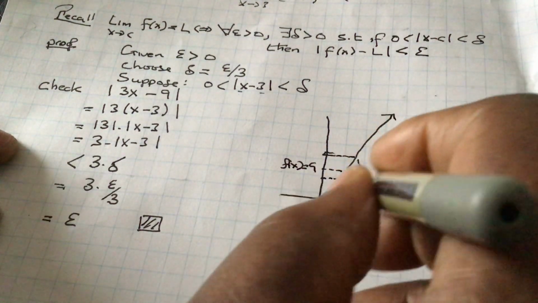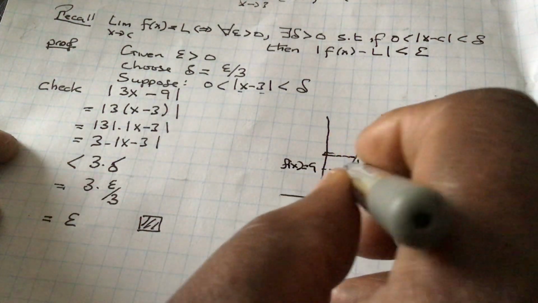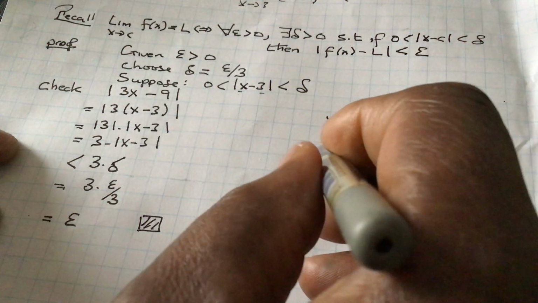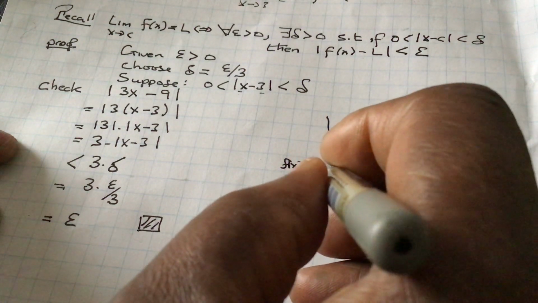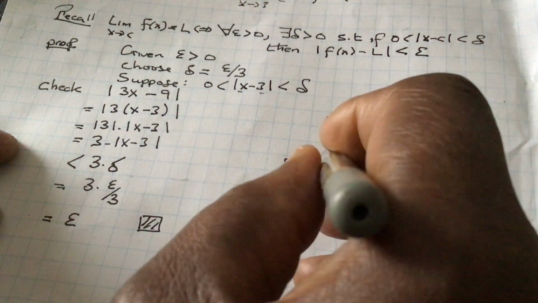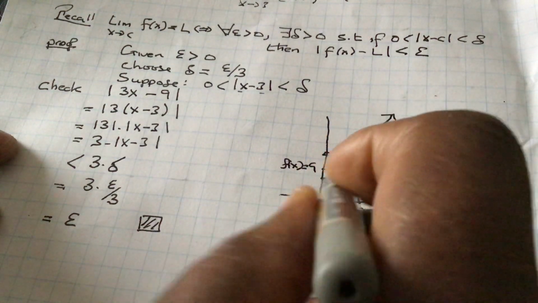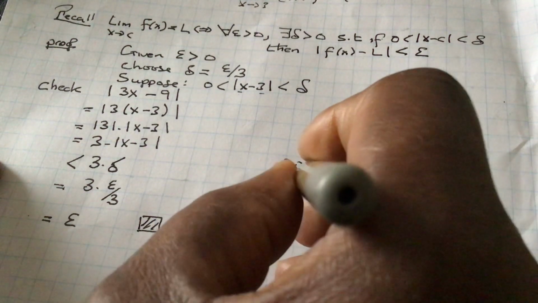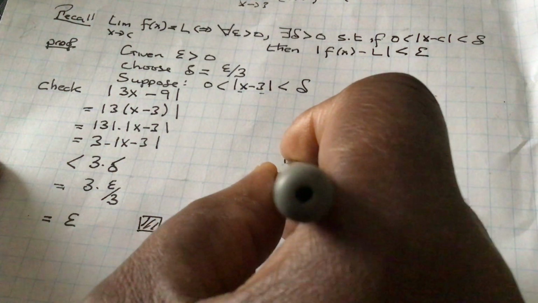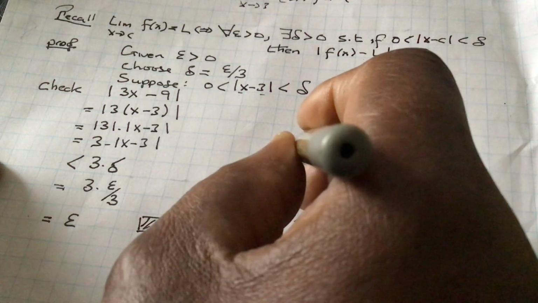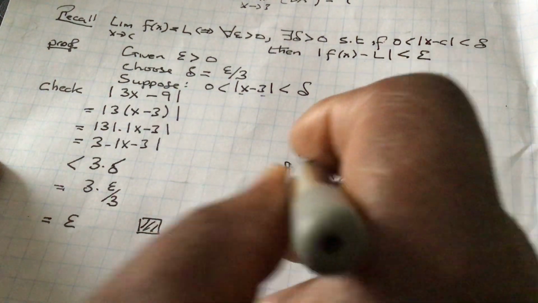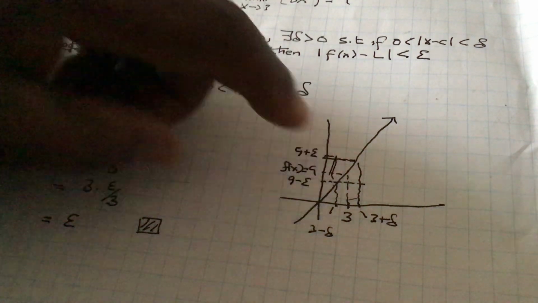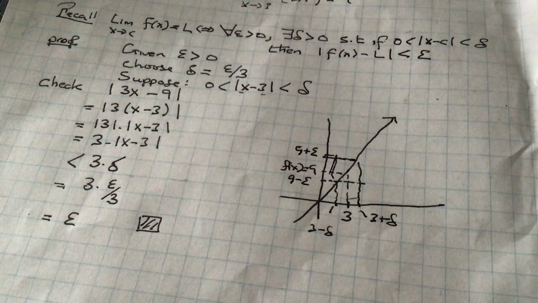In other words, as long as we find a delta within this region, that will work. Here we've got epsilon, 9 minus epsilon, 9 plus epsilon. It's inside this tolerance that we need to find a delta that will work.